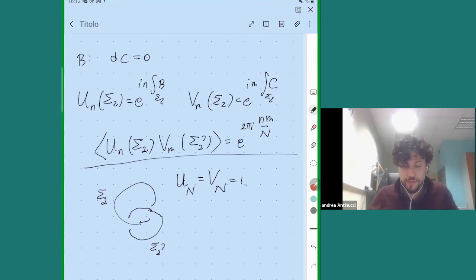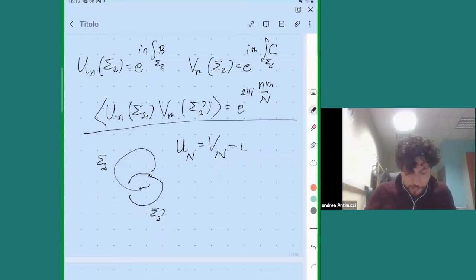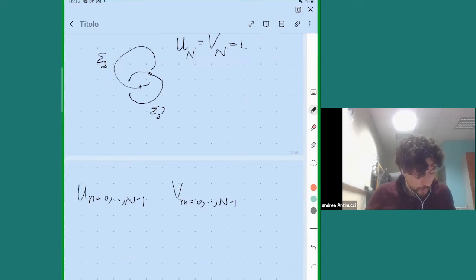Okay, so we constructed this theory by a kind of holographic logic, just gauging the one-form symmetry of the boundary in the bulk. So we are turning on background fields, we are standing in the bulk, and then we make them dynamical. Okay, but one important thing is the following: in making B dynamical, I should have fixed boundary condition for B on the boundary, but I didn't do that.